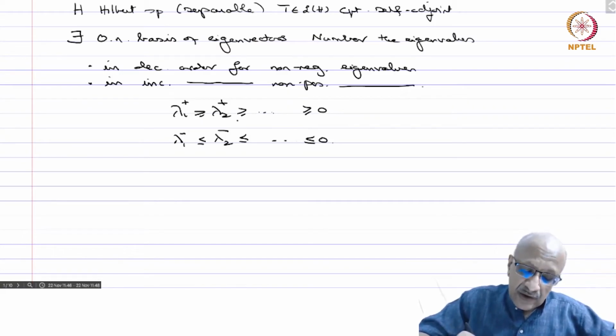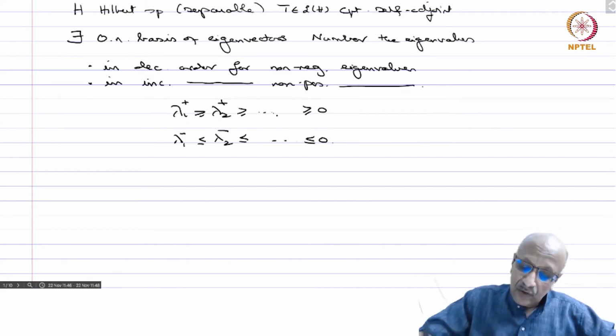We started with the basis of eigenvectors, and for each eigenvector we have chosen an eigenvalue, so more than one vector may correspond to the same eigenvalue. For instance, there may be an eigenvalue whose geometric multiplicity is 3. That means there will be 3 eigenvectors in the orthonormal basis which correspond to the same eigenvalue. So for instance, lambda 2, lambda 3, lambda 4 may all be the same.